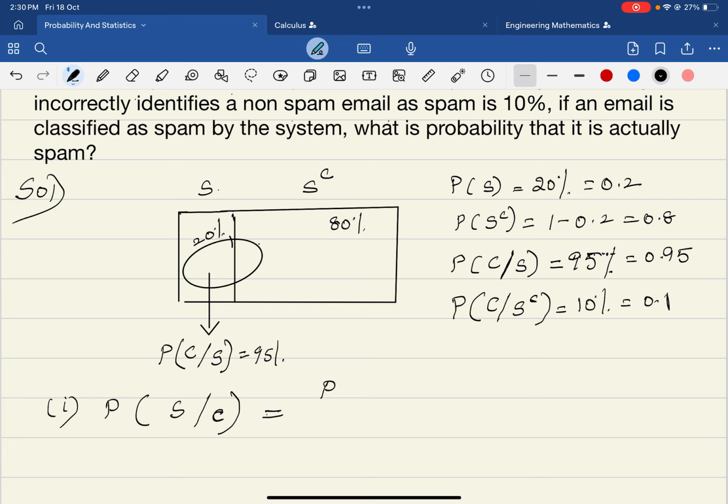It is P of C given S multiplied by P of S, over the probability of correctly identifying that it is a spam.